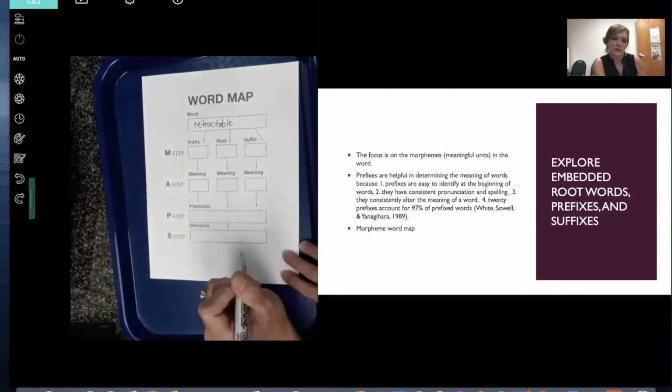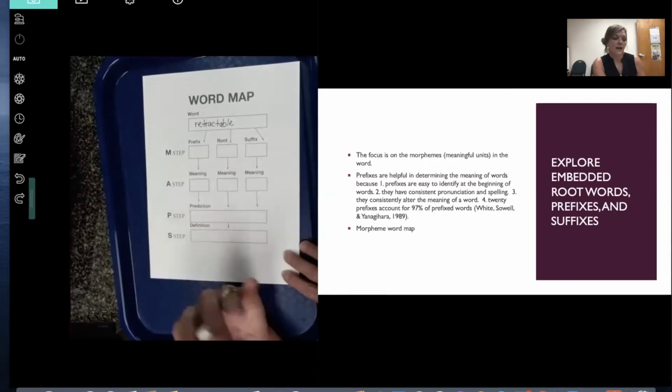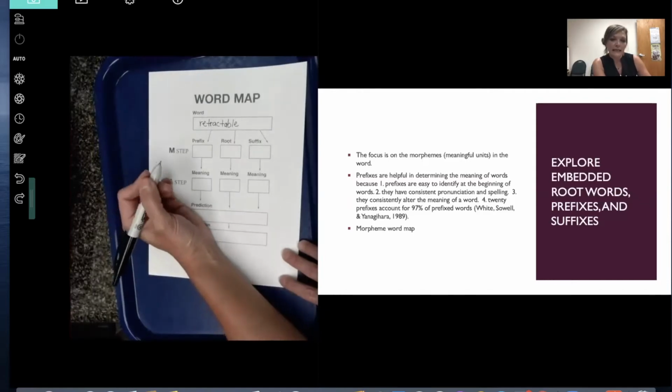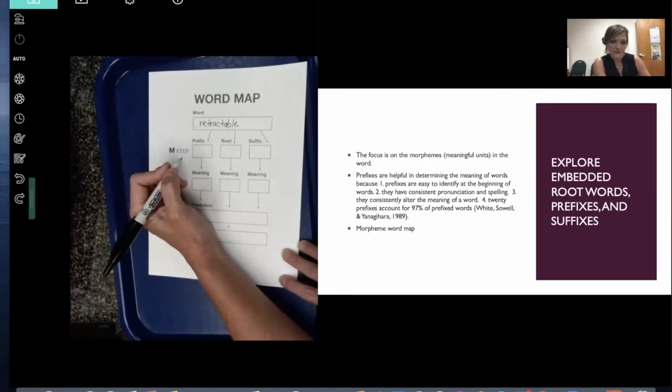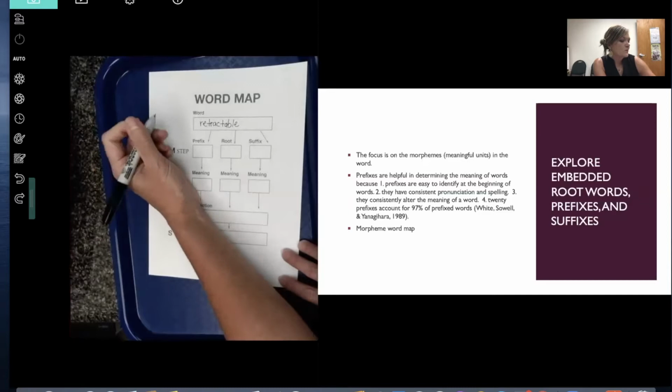Okay, what is the word retractable? Say it, repeat it over and over until they're pronouncing it correctly. All right, so what is the prefix in this one? Re.